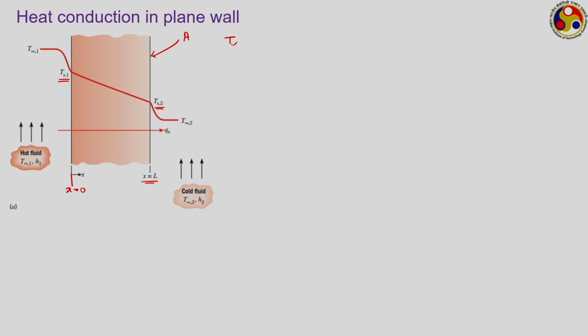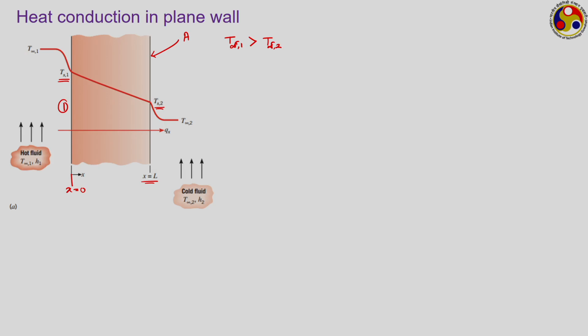So, it is given that the hot fluid side temperature T infinity 1 is greater than the cold fluid side temperature T infinity 2. So, you can expect the heat to get transferred from the hot fluid to the left face of the wall, let us say face number 1. What should be the mode of heat transfer from the hot fluid to face 1 of the wall?